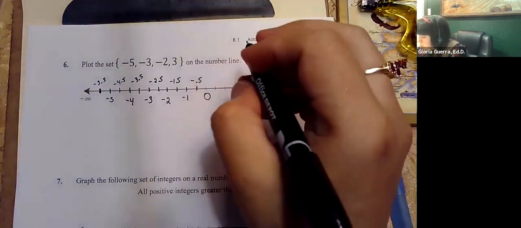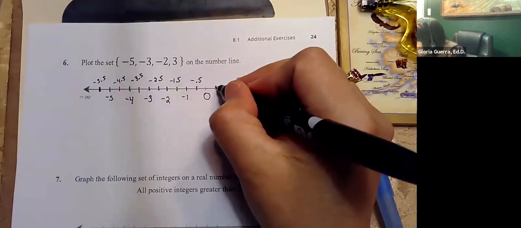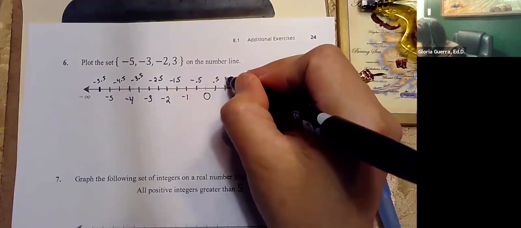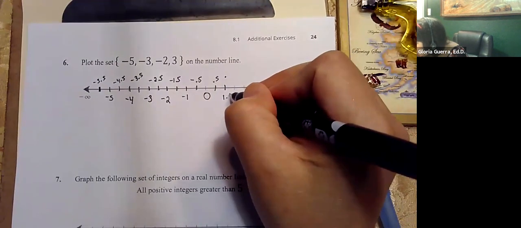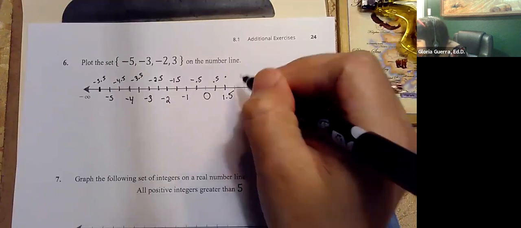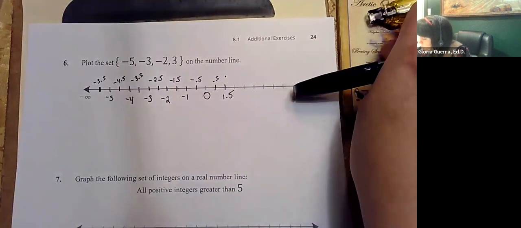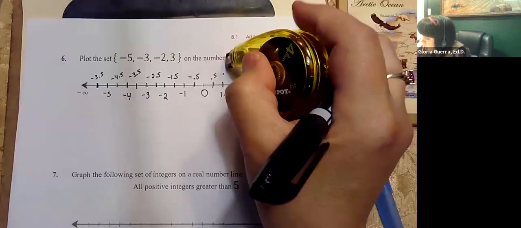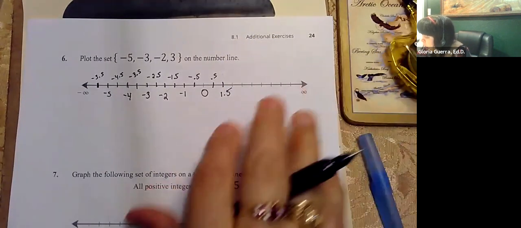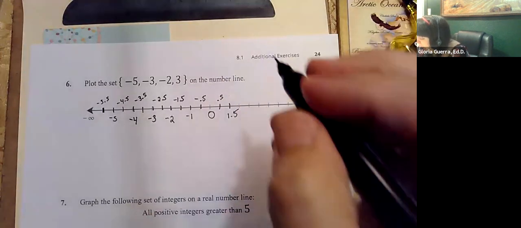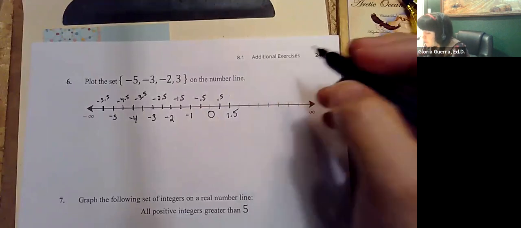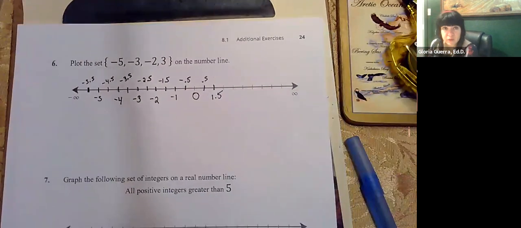Okay, on the other side, instead of 0, I have 0.5, 1.5. Okay. All right, I think that's fine.